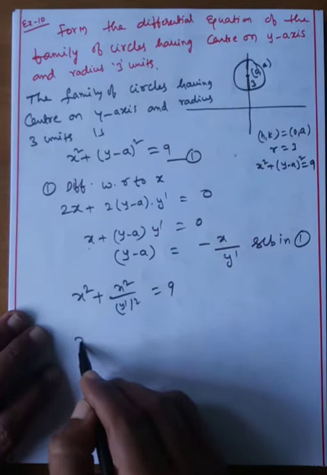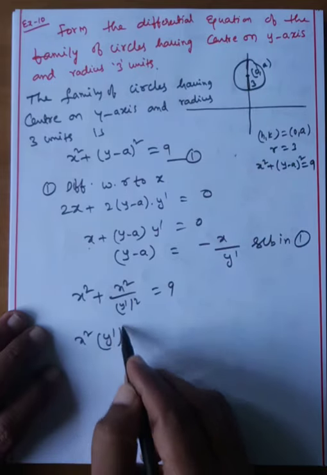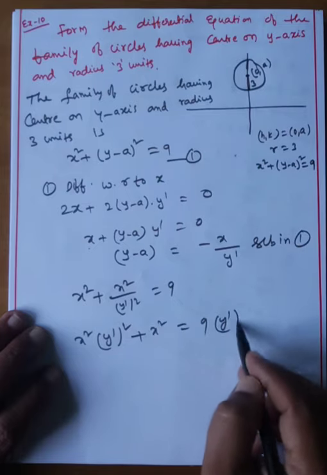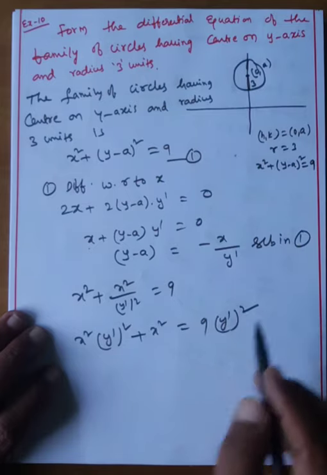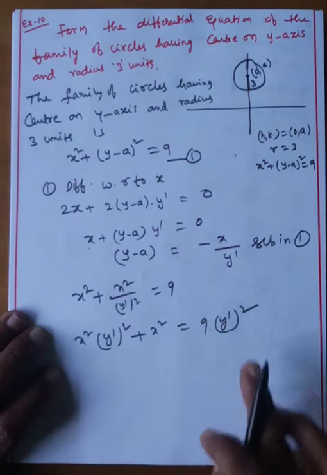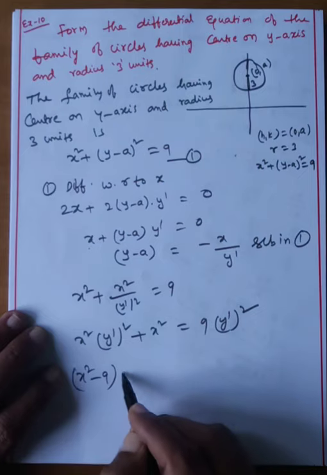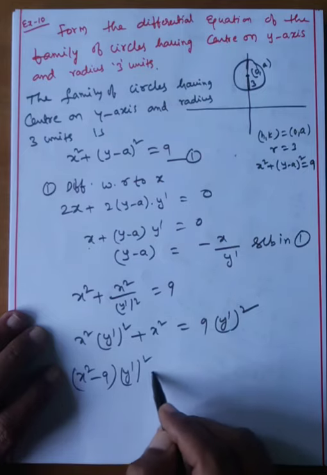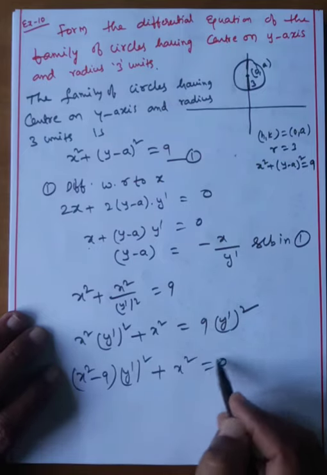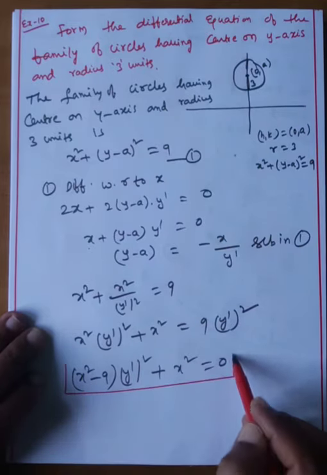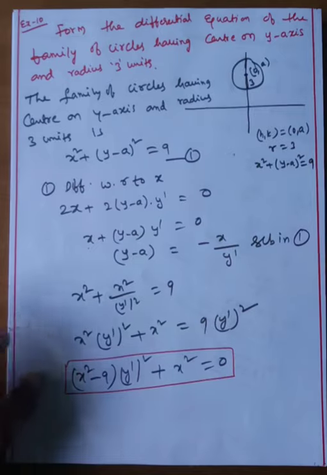Now cross multiplication: x square y dash square plus x square is equal to 9 y dash square. Here y dash square is there, that is (x square minus 9) into y dash square plus x square is equal to 0. In this way we will complete the problems. I hope that you understood all the problems or not. Yes.